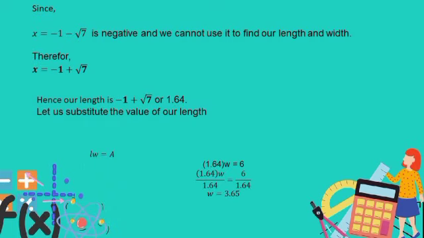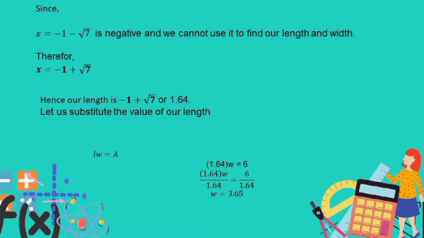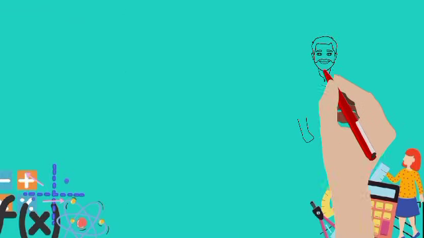Length times width is equal to area. So to find the value of width, 1.64 times width equals 6. So divide both sides by 1.64 and we obtain our width, which is 3.65. Therefore, our length is 1.64 and our width is 3.65.